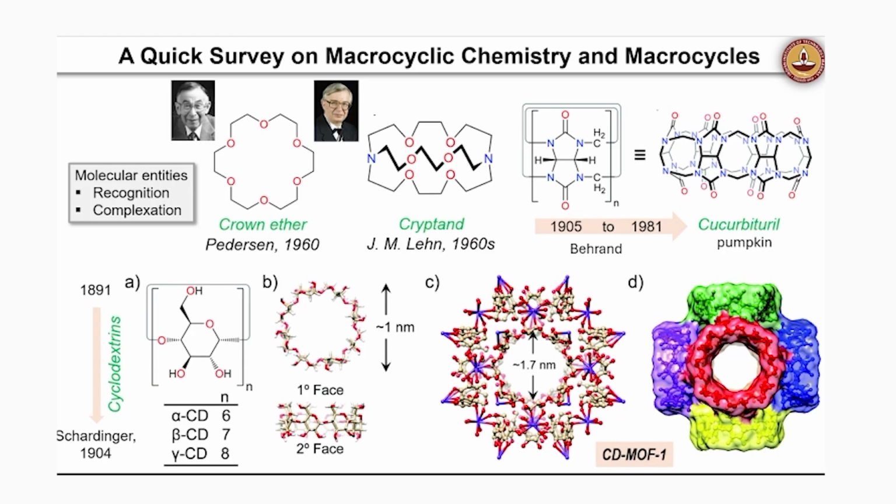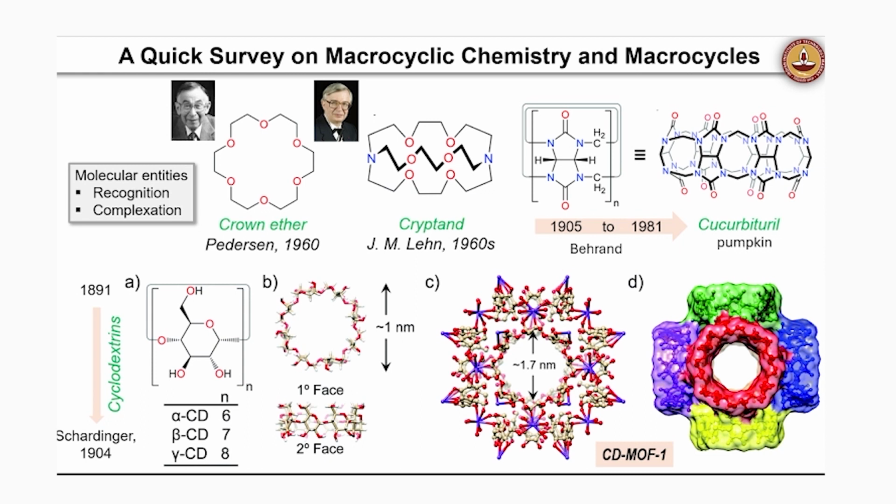Okay. So there is another structure which is as old as cucurbituril, which is called cyclodextrins. First made by Schardinger, and later on you see a lot of developments starting from alpha cyclodextrin, beta cyclodextrin, gamma cyclodextrin, varying the number of glucose units on the periphery.